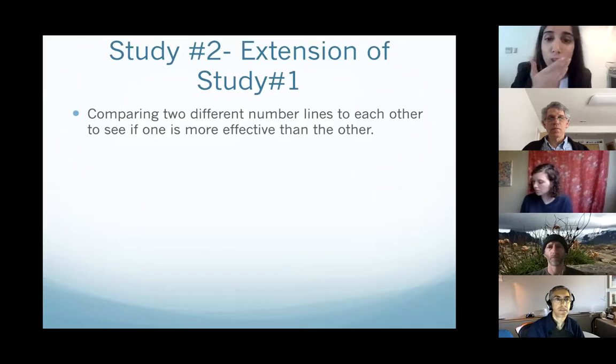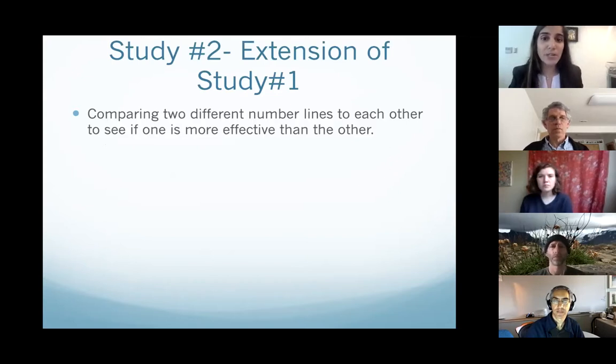So after doing this study, I decided to do an extension of my first study. I decided to compare two different number lines to each other to see if one is more effective. What I basically did was compare a unidimensional number line to a two-dimensional number line.